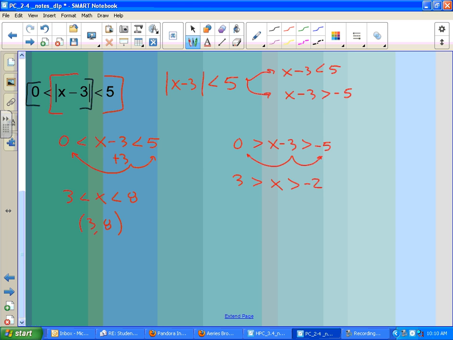So really what this becomes is that. And then in inequality world, it's going to be negative 2 to 3. But wait a second. I've got that answer and I've got that answer. So how do we write them as a single solution? Because right now they're just two separate ones.